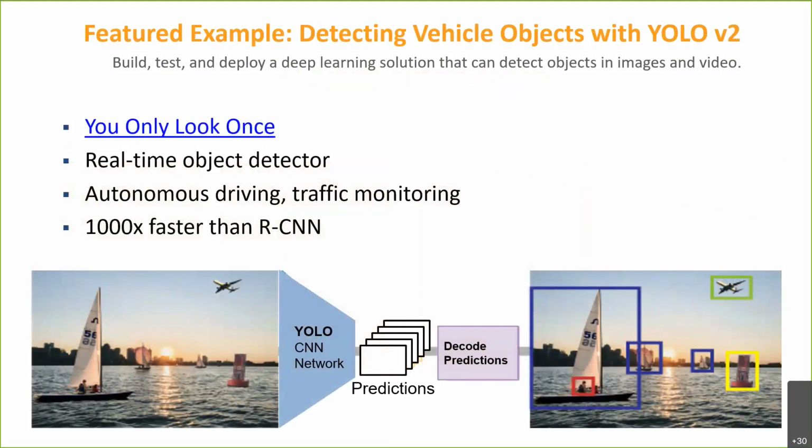It can detect objects in real time, which makes it versatile for tasks such as autonomous driving and traffic monitoring. And it's faster than some previous object detection deep learning algorithms, for example R-CNN, ACF detector, and so on. We will step through the workflow piece by piece and build an application from the ground up that can automatically recognize vehicle objects.